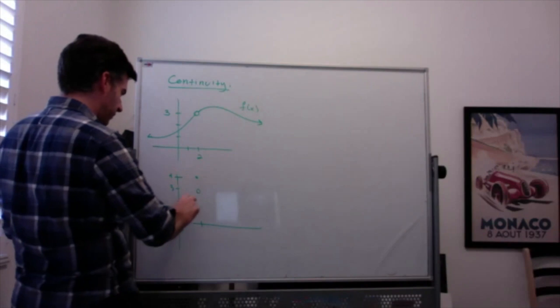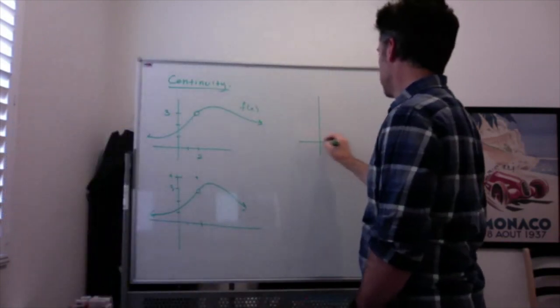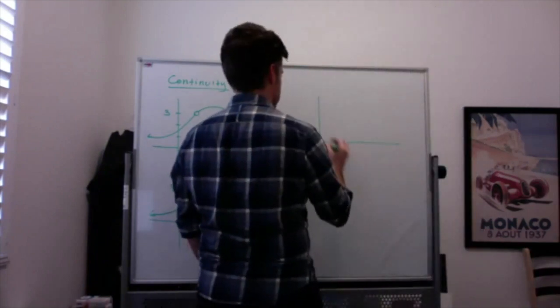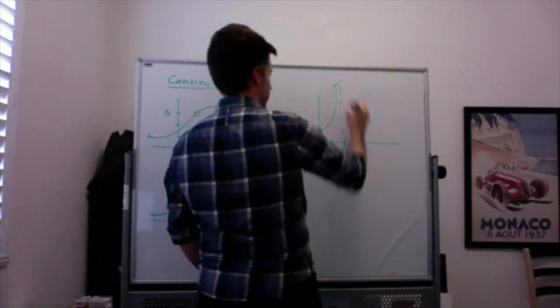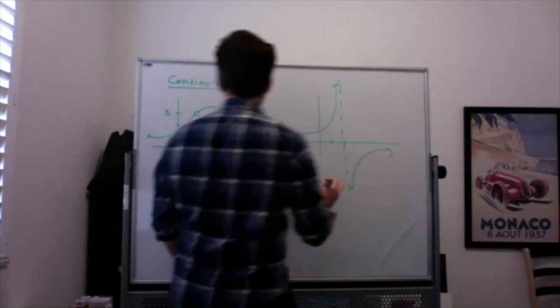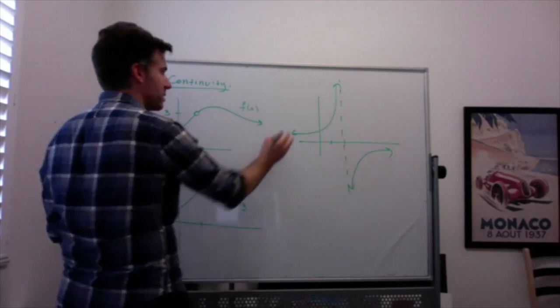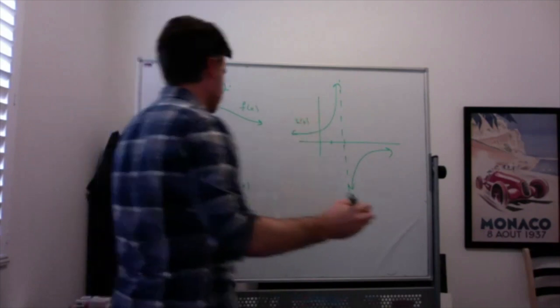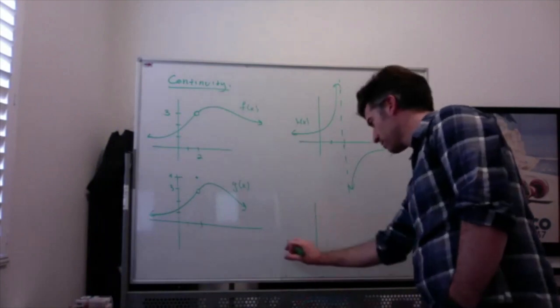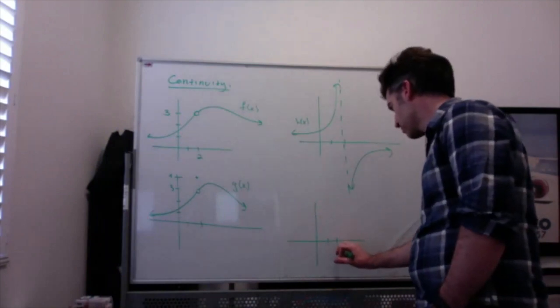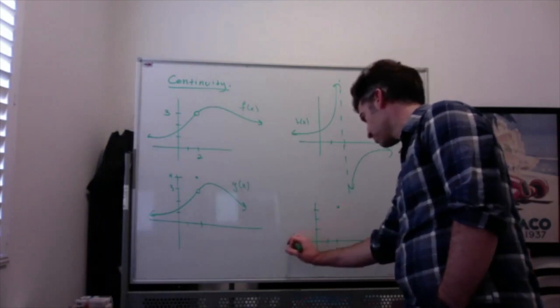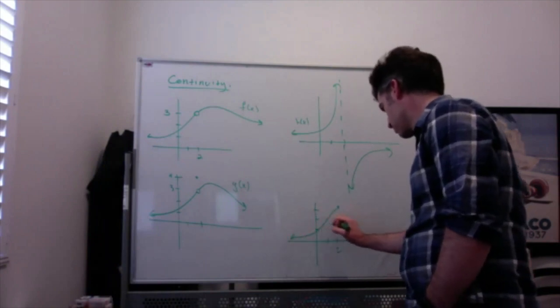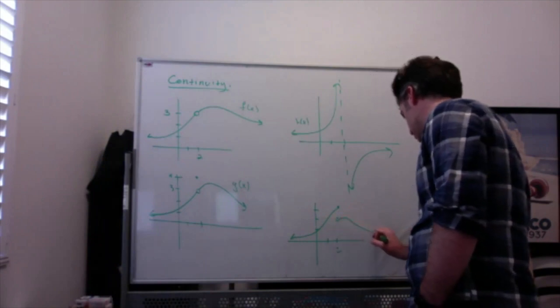Here's a similar looking function. Here's a very different looking function. I get effectively something called this g of x, this h of x, and finally, let me get one more on here.